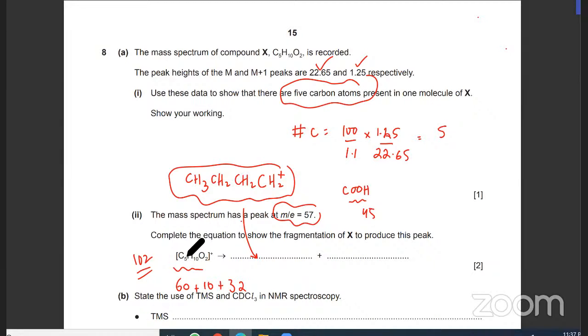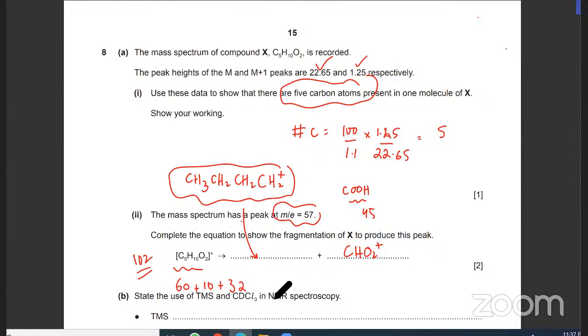So you're left with 1 carbon atom, and how many hydrogens? That's 3 plus 2, 6 plus 3, 9, right? So you're just left with 1 H and 2 oxygens. Put a positive charge on that. So these are the 2 fragments. That's 57, and this is the rest, if you subtract 57 from 102.